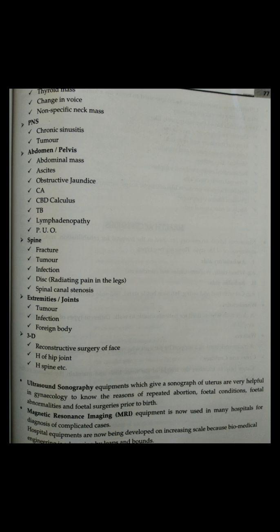Then next is other equipment: ECG machine, X-ray machine, Dopplers, echocardiography, video monitoring, glucometer, that is blood glucose meter, then CT scanner: head, orbit, ear, neck, then PNS, abdomen or pelvis, spine, extremities or joints, and 3D.